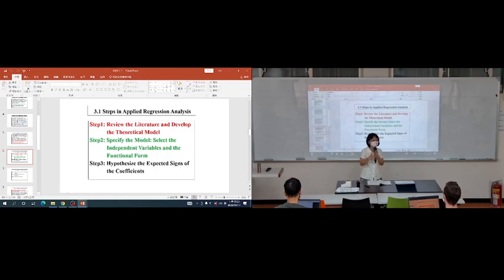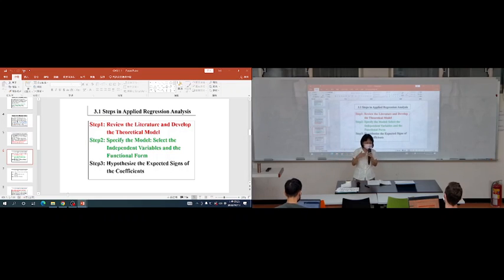Then after reading all this literature, you find the X variables. Since this is a model, meaning a mathematical equation, we need to know the functional form. There are many kinds of functional form.